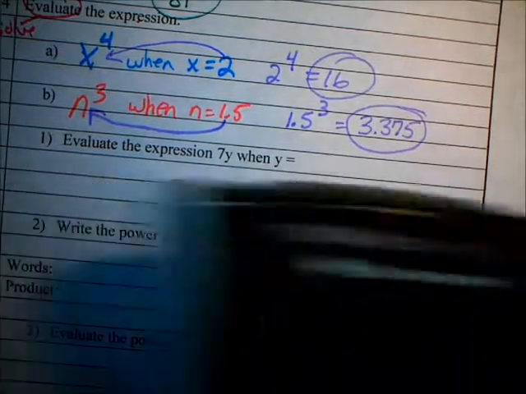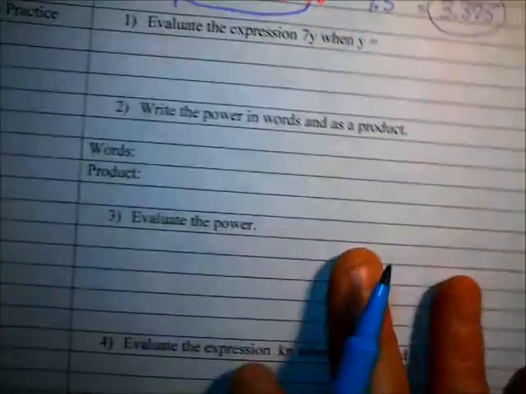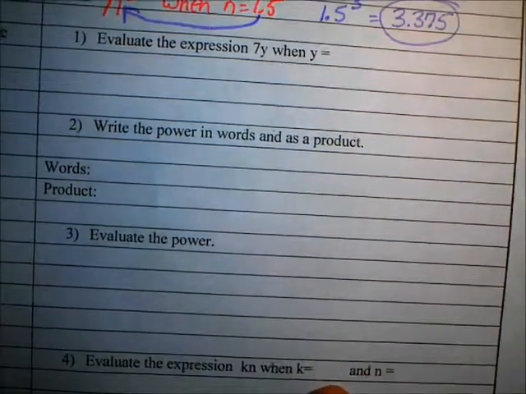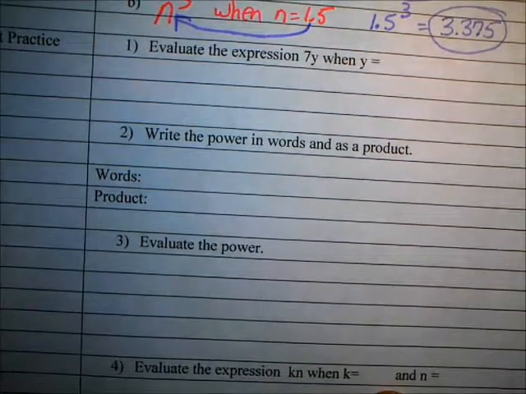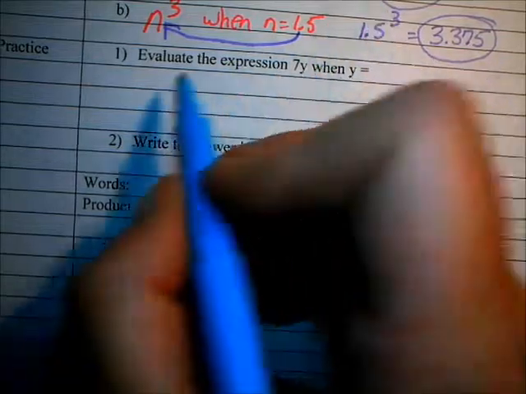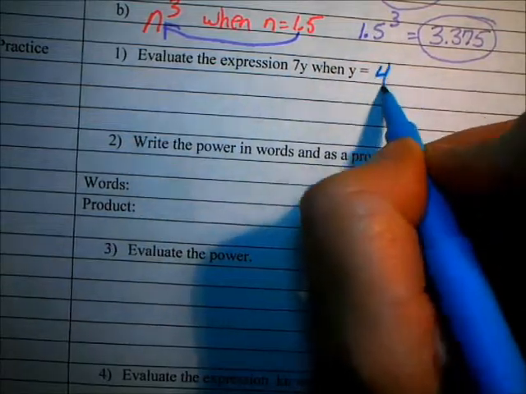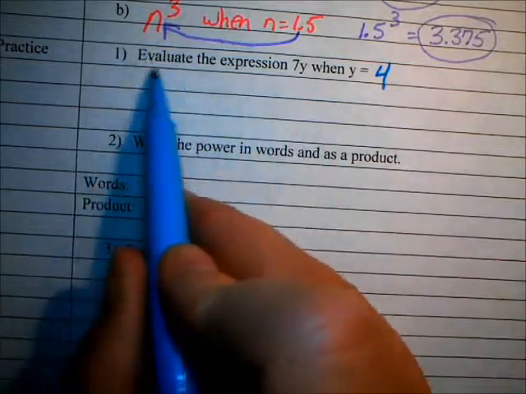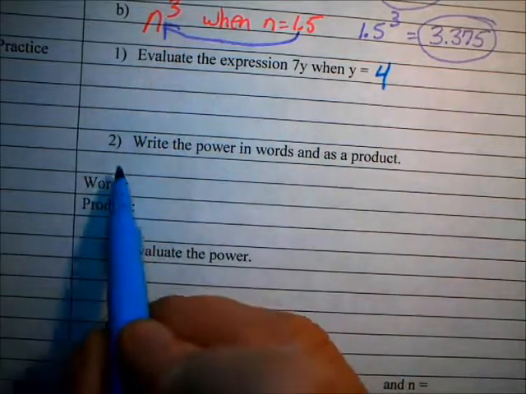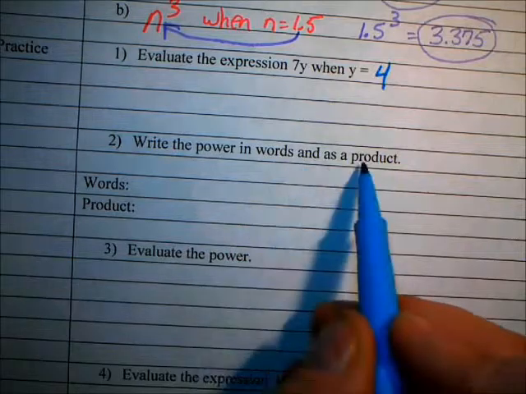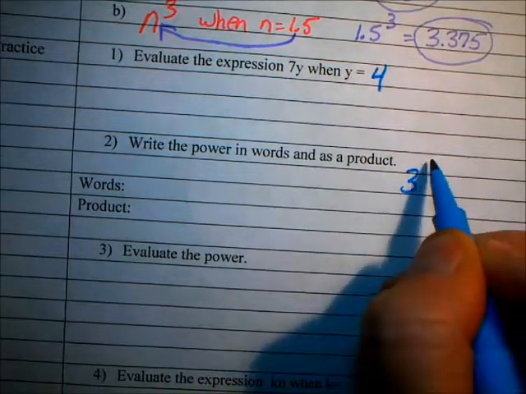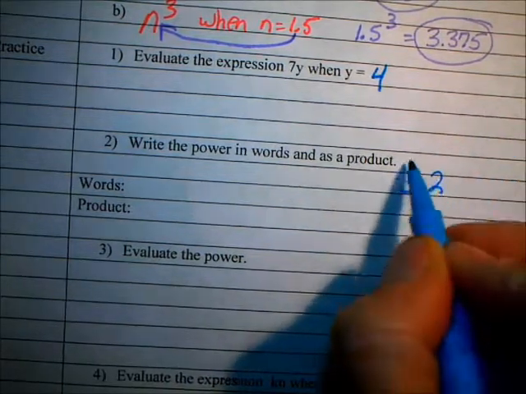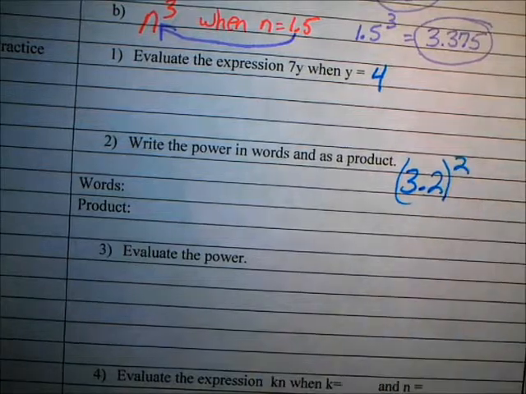Okay. Here are 4 independent practice problems that I want you to work. The first one has the y equaling 4, so plug 4 in for the y and evaluate it. On number 2, we're going to write the words and product of 3.2 raised to the second power.